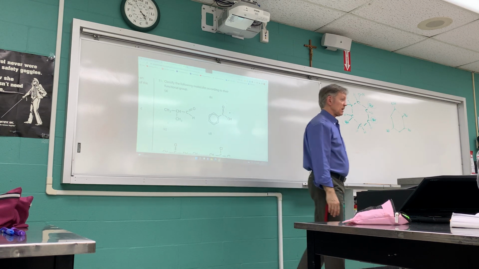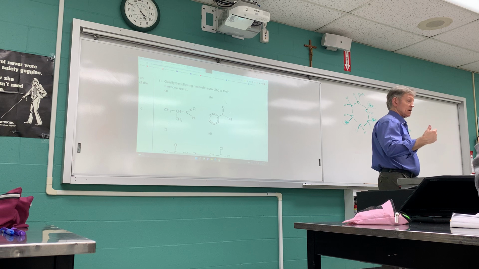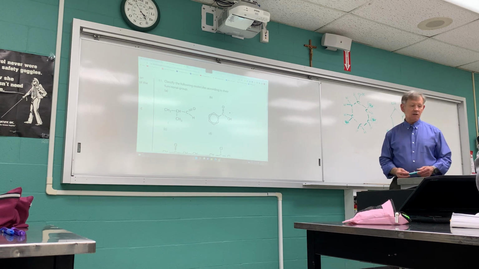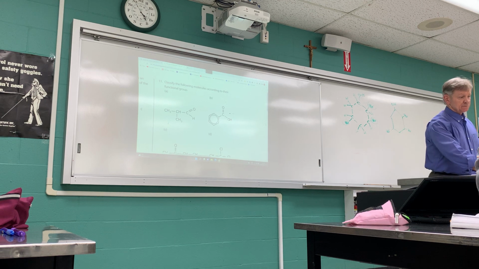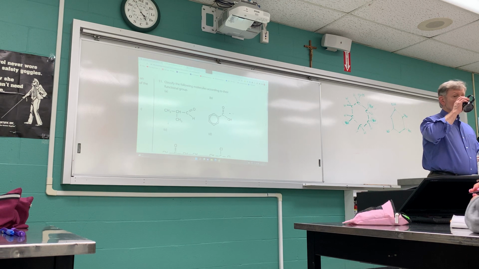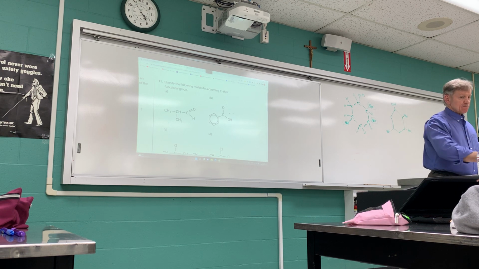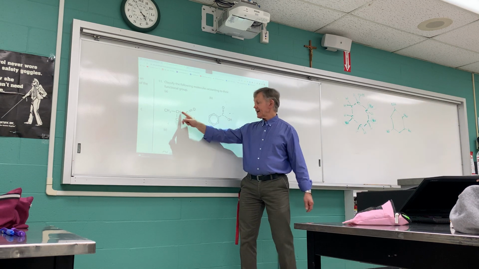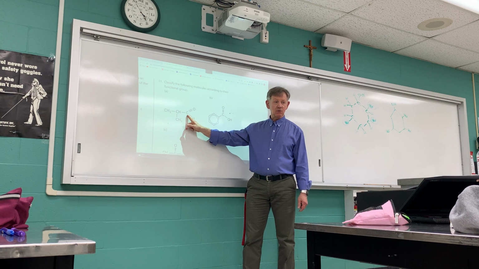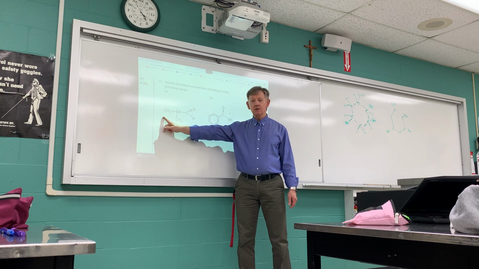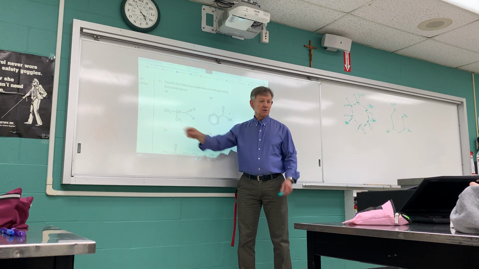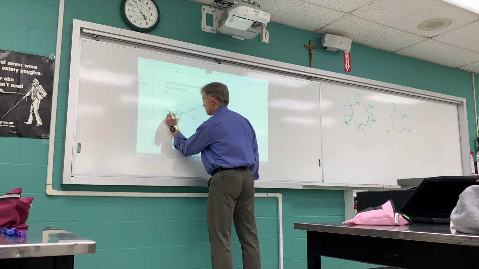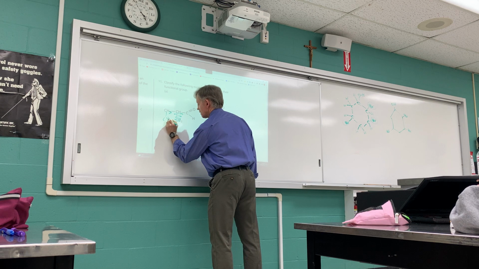And when you name aldehydes, you drop the E and add AL. So knowing that, what would you call A? Do you need the 2? That methyl can't be on this carbon because it's already got 4 bonds. If that methyl's on here, what do we call it? Agreed.